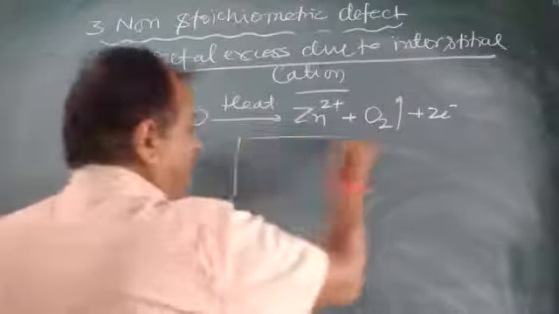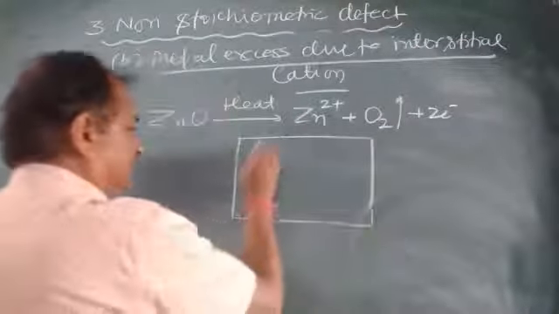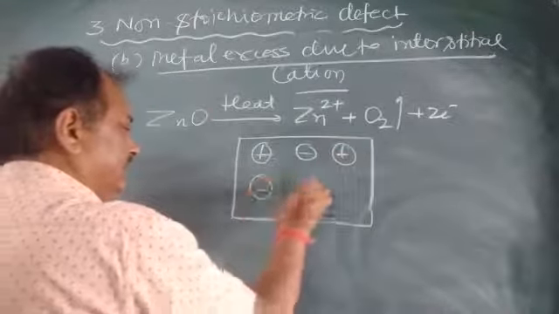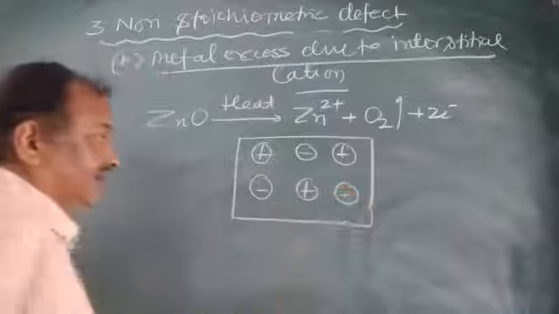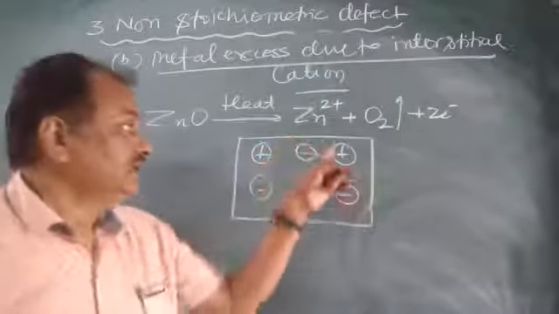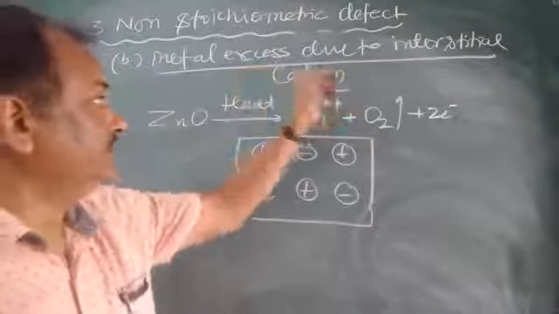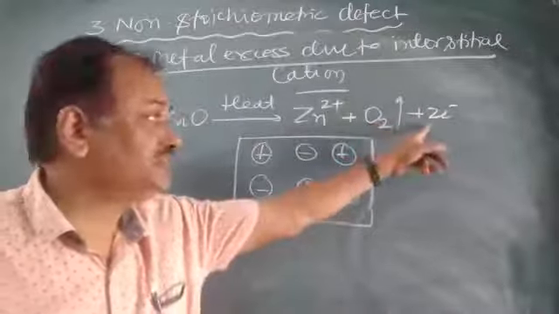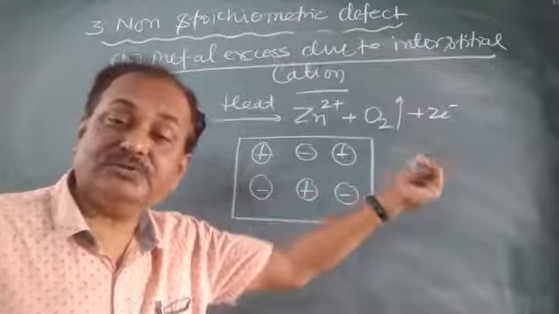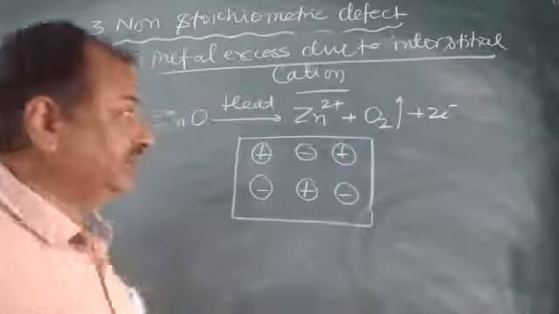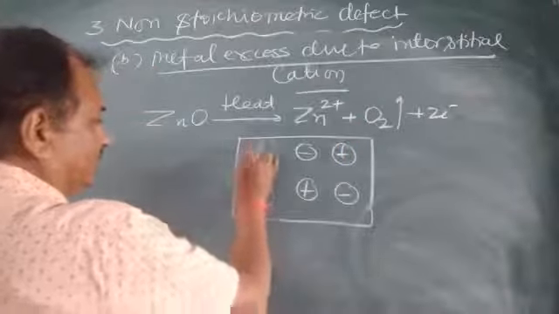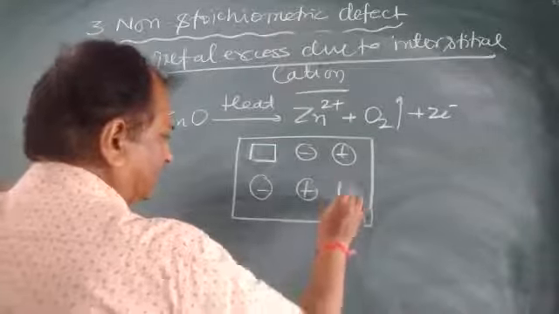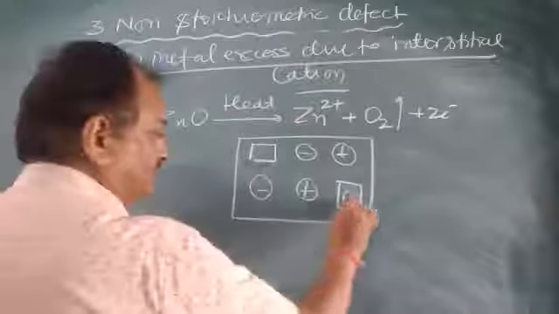And again, when we see, there is the cationic, anionic. And so here in this metal excess, as the oxygen is lost, the electrons are also lost. So the electrons are captured by some of the zinc ions here, and this position is taken by the electron.